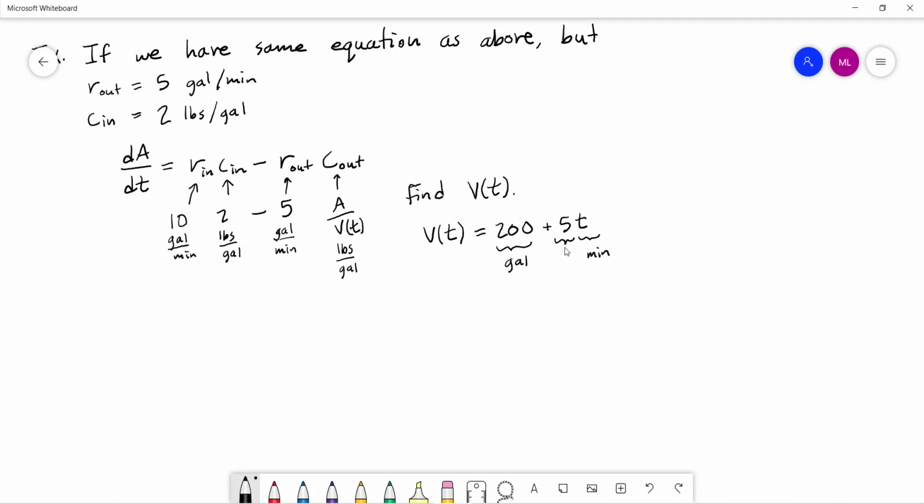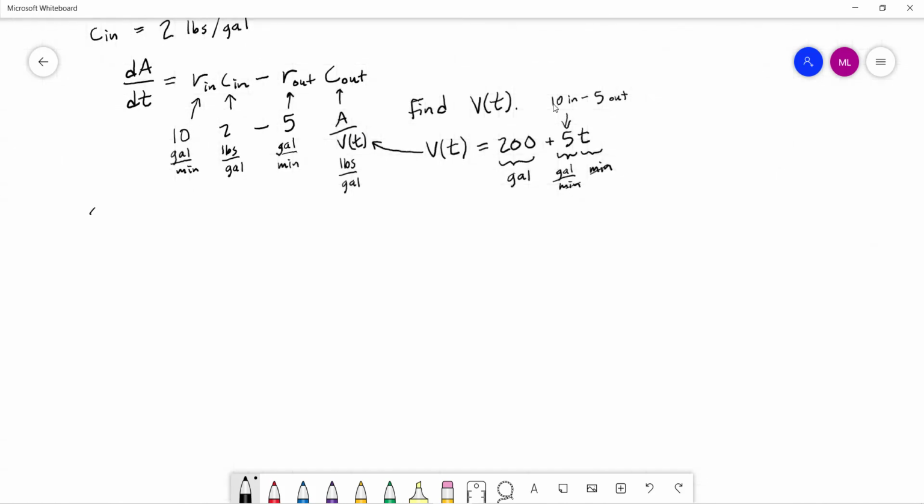And if every single minute 10 are coming in and 5 are going out, the net difference between those, so this 5 is basically saying 10 in minus 5 out. That's where we get that 5 from. And it's coming in with units of, again, gallons per minute. And in this case, the minutes would cancel. We'd get gallons plus gallons, which is the units we want for our volume. So this is the equation that we will plug in for our V of T right here.